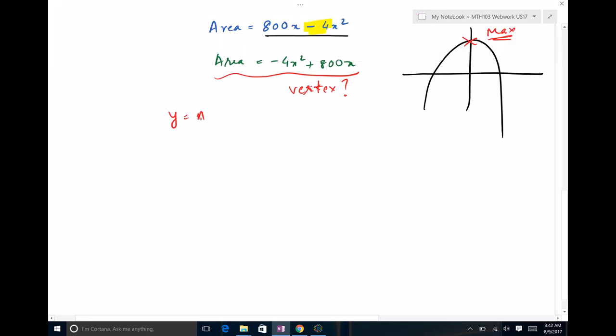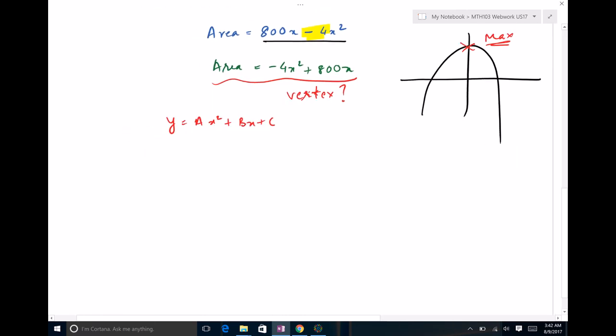If you have an expression that looks like y equals aX squared plus bX plus c, then the vertex is given by negative b over 2a and f of negative b over 2a, where f is the same as y, which is f of x.